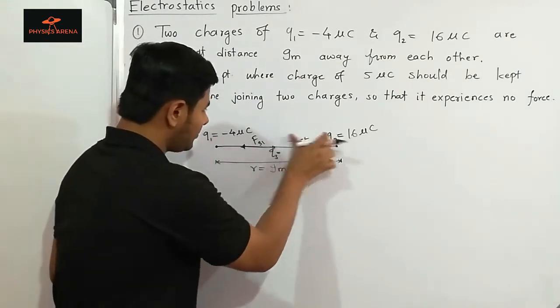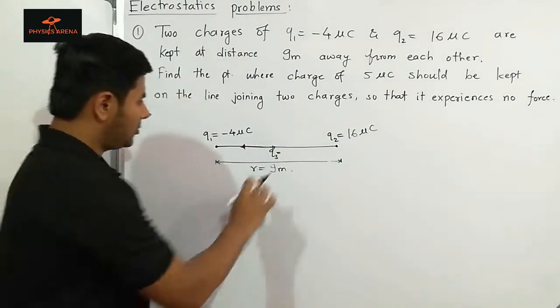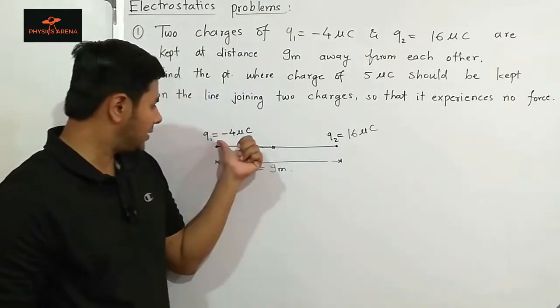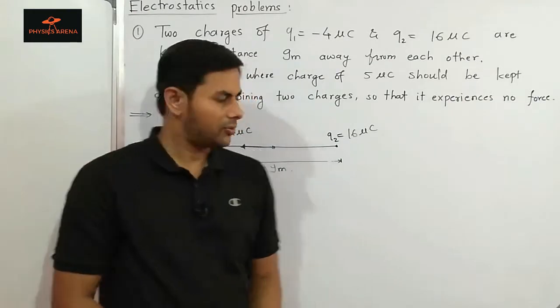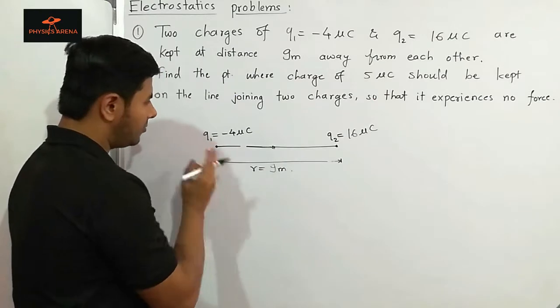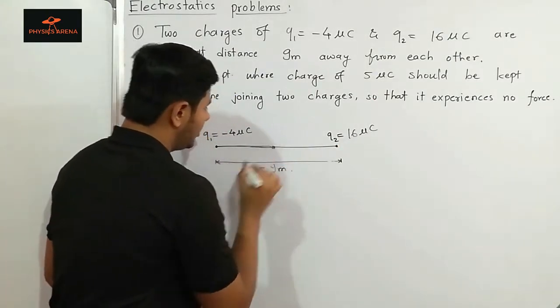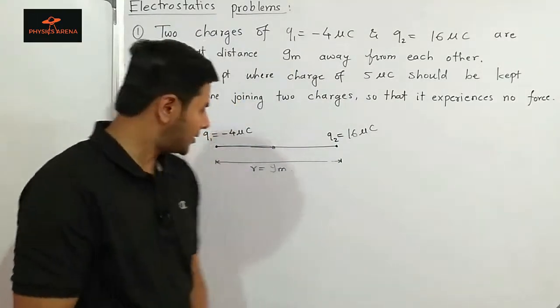Now where to keep it? So this charge Q2 is greater than Q1, so we'll have to keep Q3 closer to Q1 so that it compensates the magnitude of this force. Because the closer we keep the charge, the more will be the force on that charge.